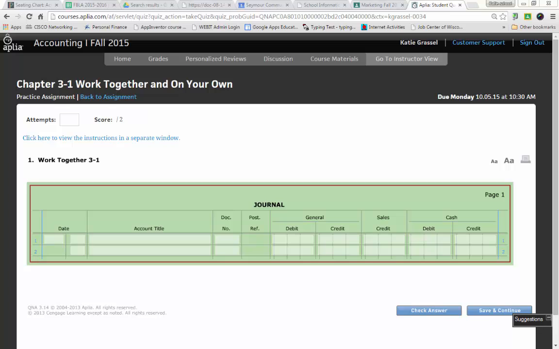For cash or for rent expenses? Is there a special column for one of them? For cash, right? So what does that mean? I don't need to write the account title cash here. The only thing I would need to write would be rent expense. Now, does rent expense have a special column? No. So, therefore, if it doesn't have a special column, it'll go here either as a general debit or a credit.